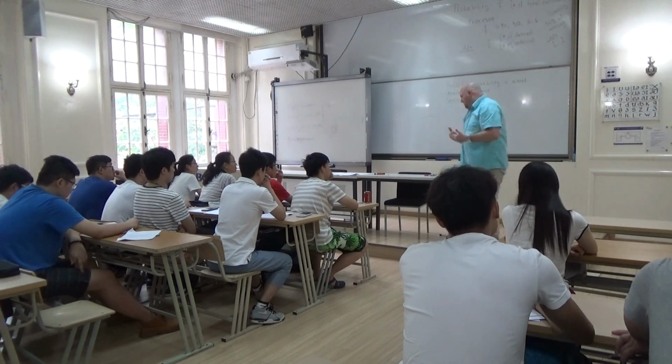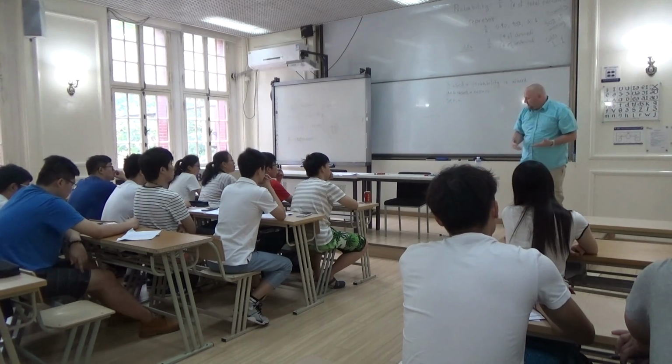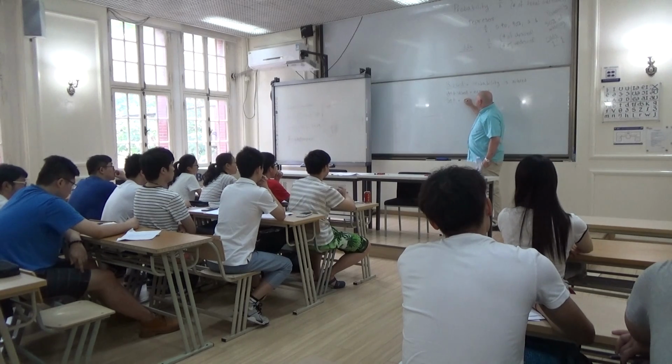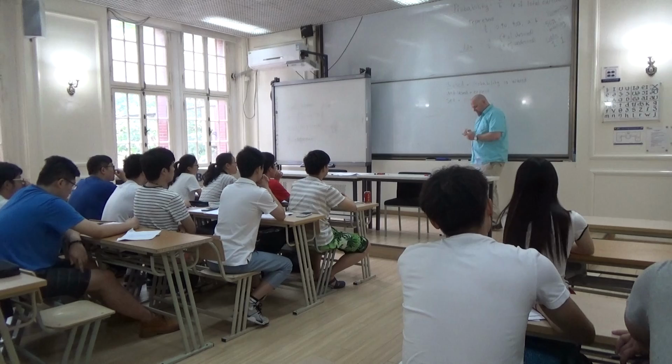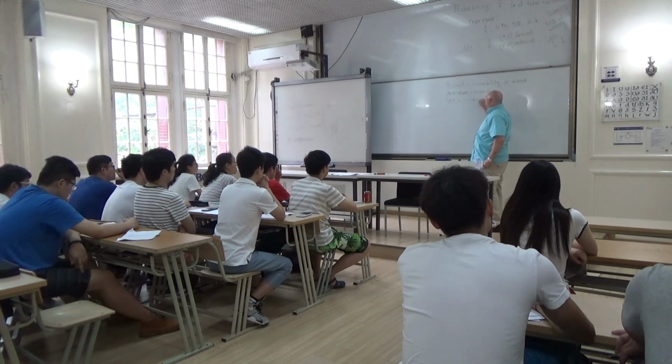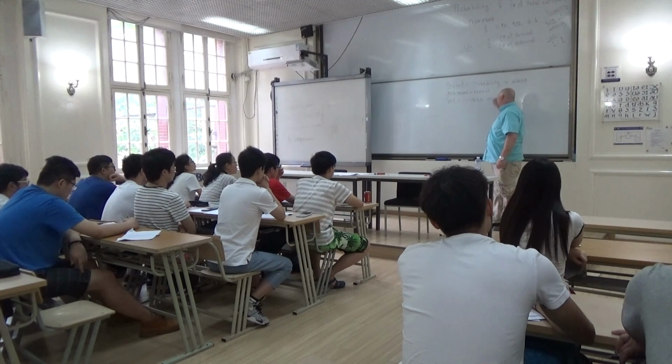A lot of times we use a graph to do this, but a set is just the possible outcomes together in one location. So all the possible outcomes would be the set.